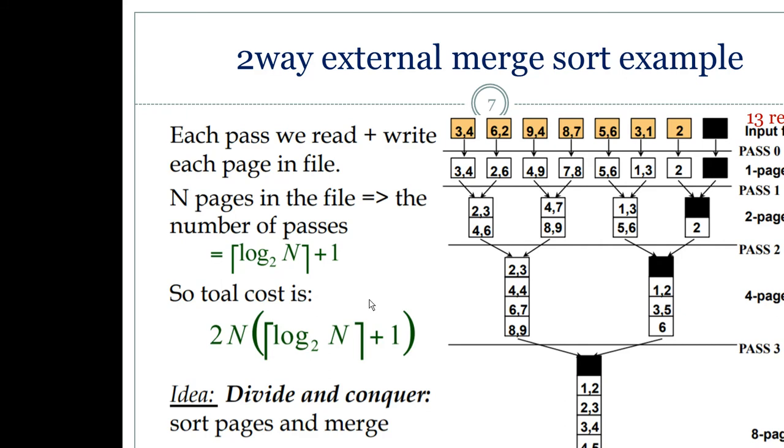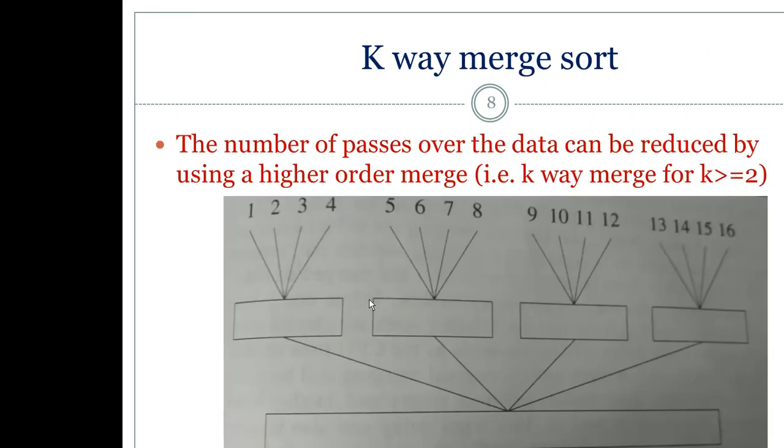All of you know that the merge sort algorithm uses the divide and conquer method. Here the external merge sort algorithm also uses the same divide and conquer method, right? So here we have seen how the two-way external merge sort works, and with the help of one simple example I have explained it. Now the next point is k-way merge sort.